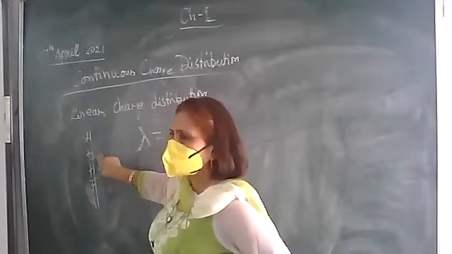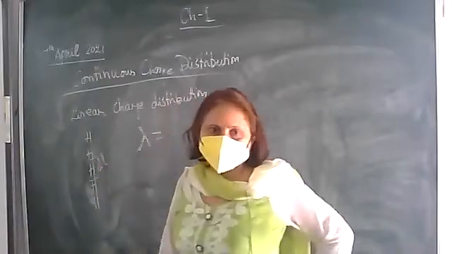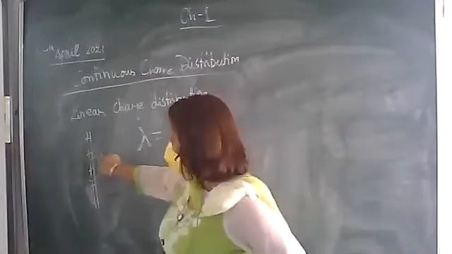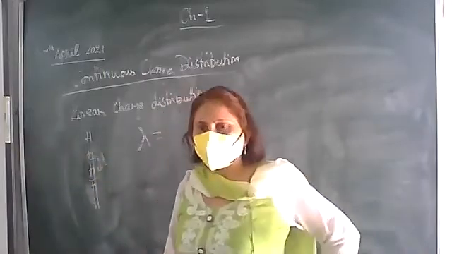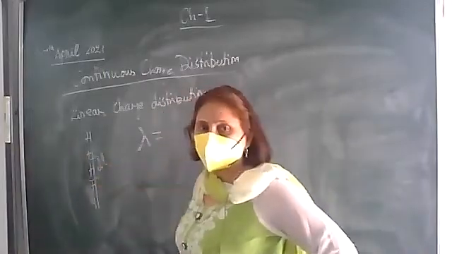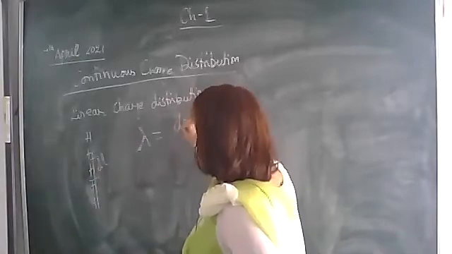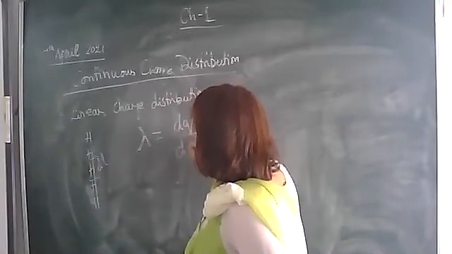So let us consider a small length on this line, let its length be dl. And let us assume that a small charge dq is distributed on this dl length.